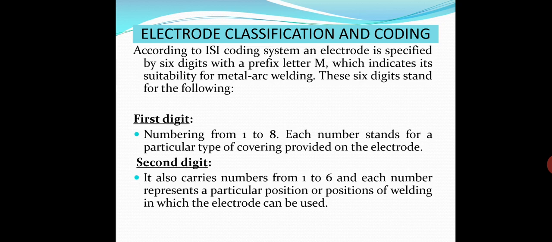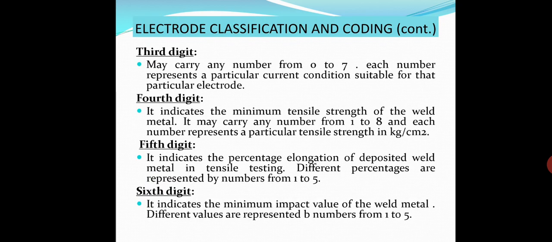The first digit, numbered from 1 to 8, and each number stands for a particular type of covering provided on the electrode. The second digit carries a number from 1 to 6, and each number represents a particular position of welding in which the electrode can be used.